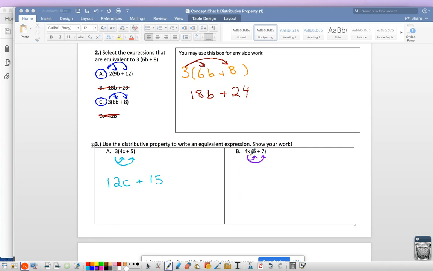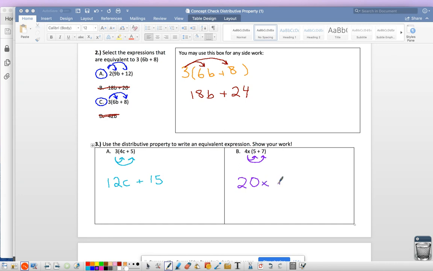So first thing, we have 4x on the outside. So that's being multiplied into the 5, also into the 7. So both of our numbers, when we simplify this out, we should have an x on. So 4x times 5. 4 times 5 gives us 20. And we have to add that x.